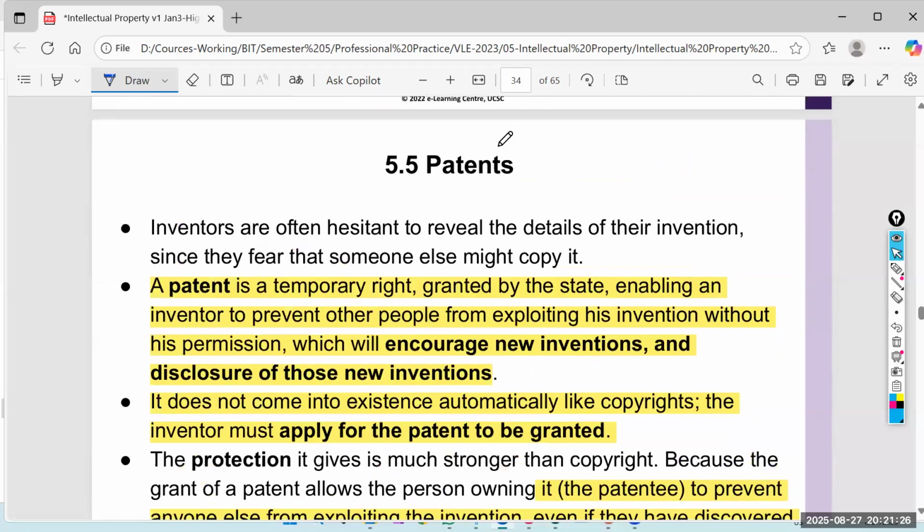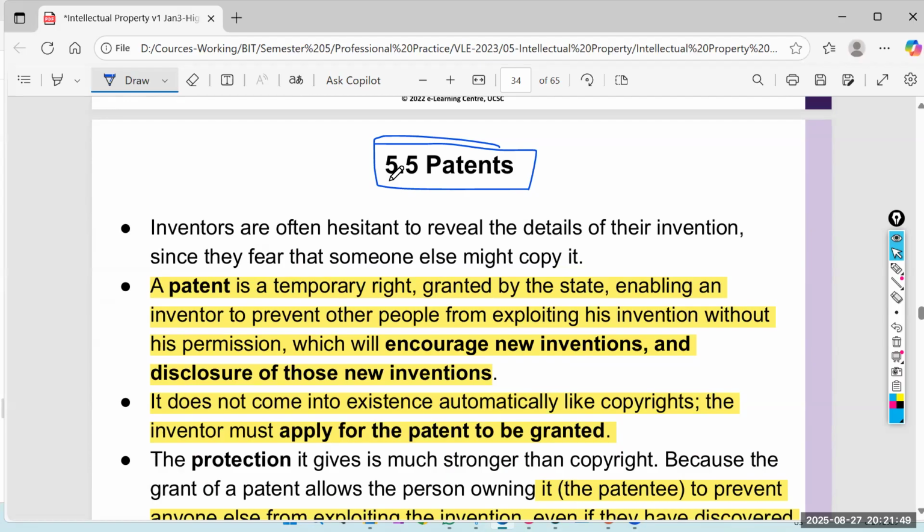Now we move on to patents. This is slightly different. This is very formal intellectual property, unlike copyrights and confidential information. A patent is something you obtain, you register.